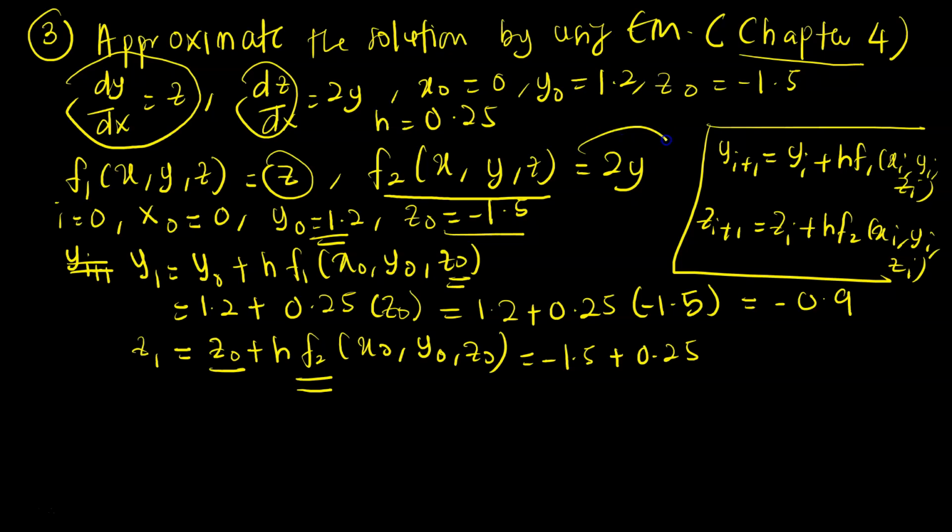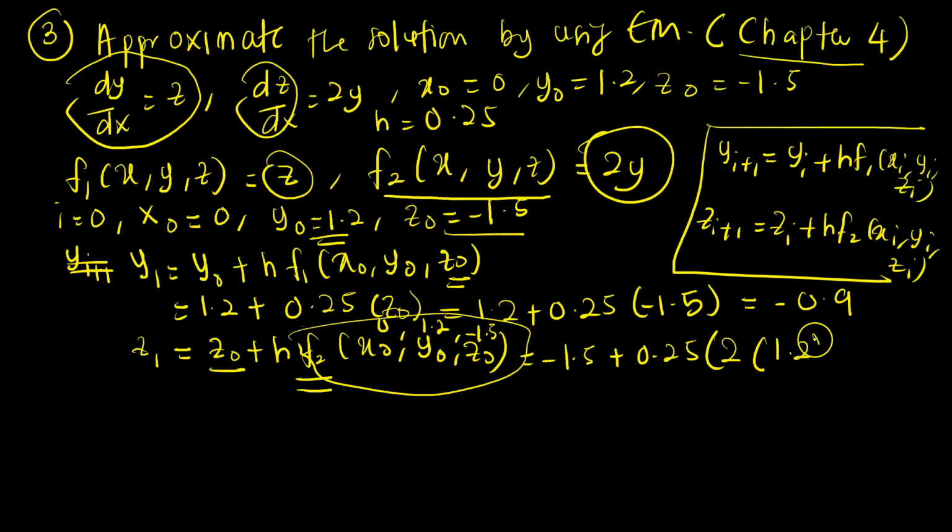The second equation is given by 2y, meaning 2 times y naught, where f2 at x naught, y naught, z naught means 0, 1.2, and negative 1.5. But the function is 2y, so 2 times 1.2.